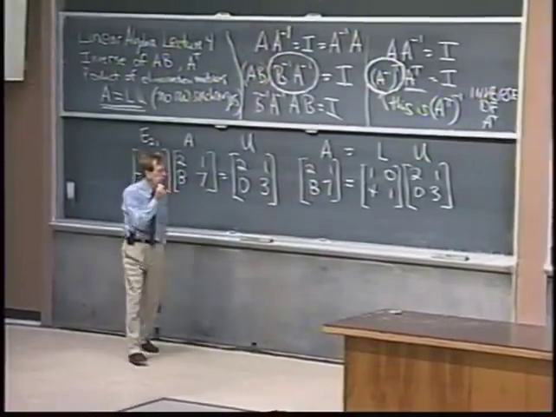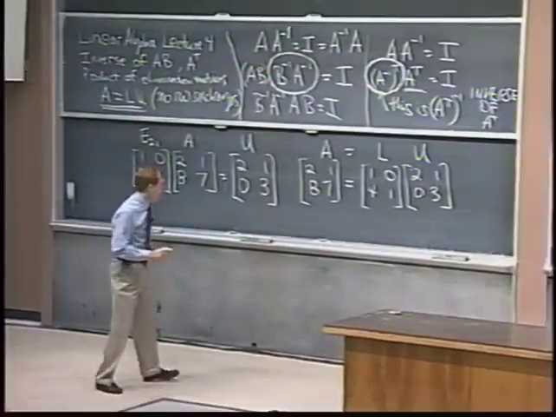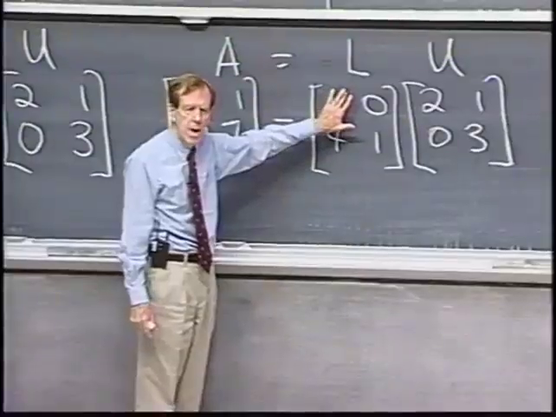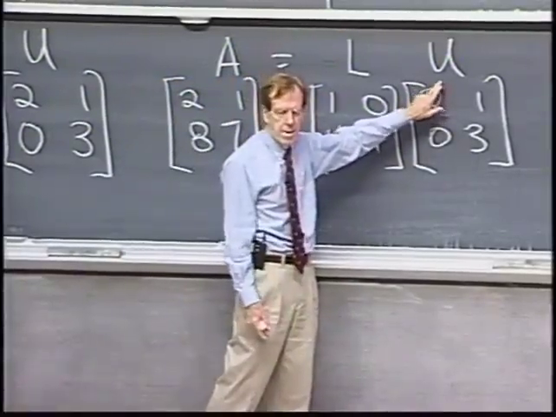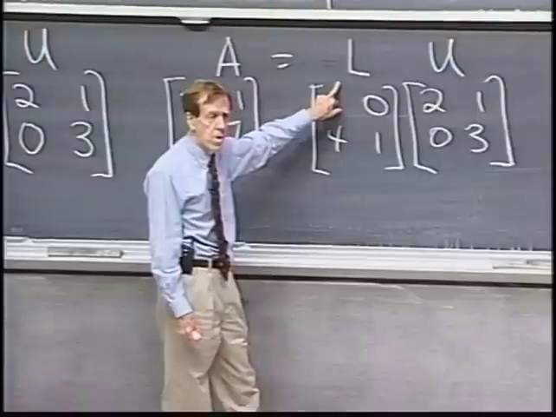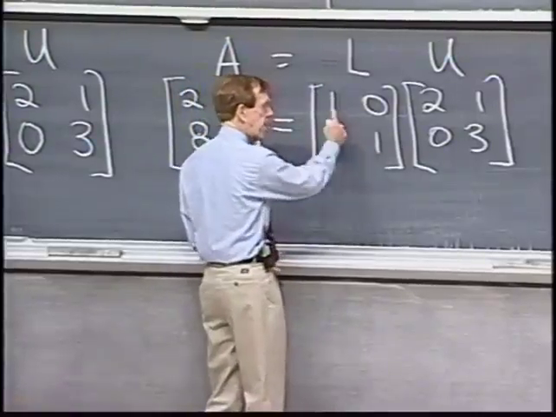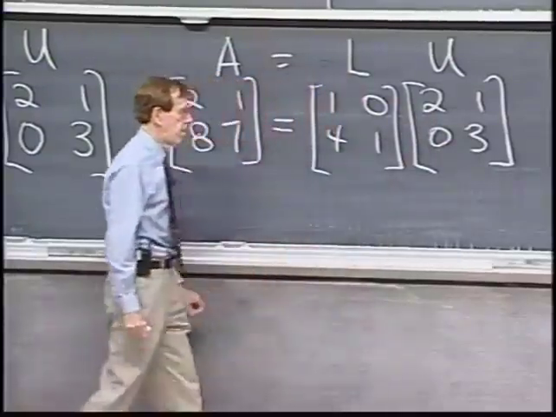But it already shows the form that we're headed for. So what does the L stand for? Why the letter L? If U stood for upper triangular, then of course L stands for lower triangular. And actually it has ones on the diagonal, where this thing has the pivots on the diagonal.